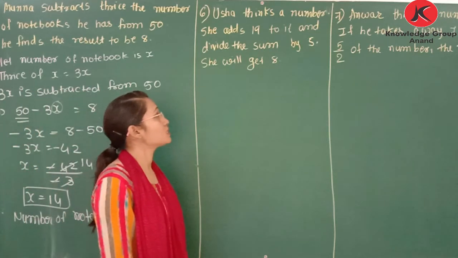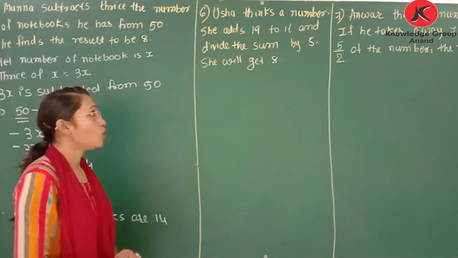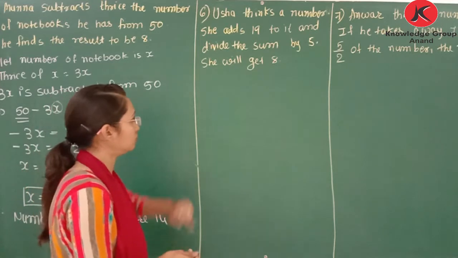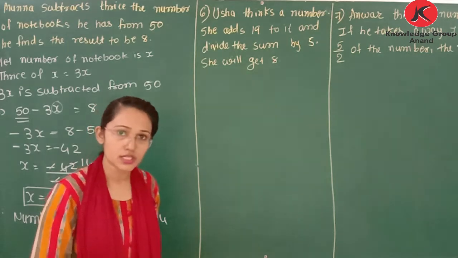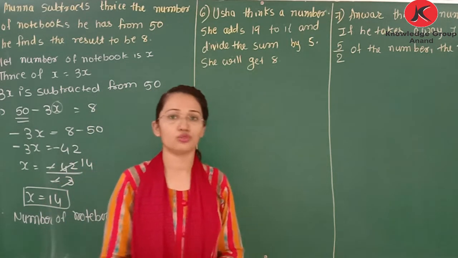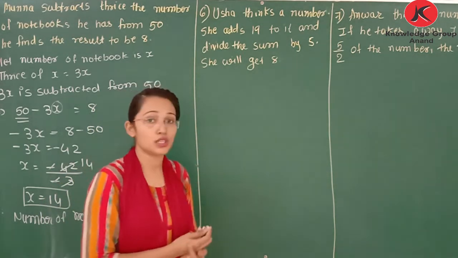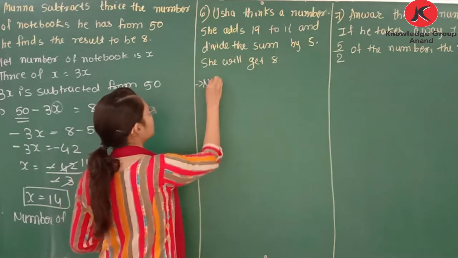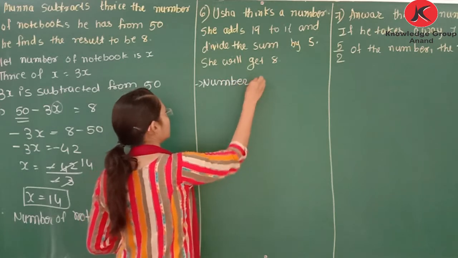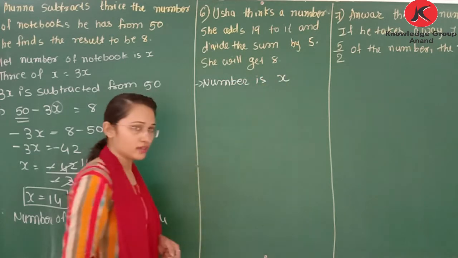Now question number 6. Usha thinks of a number and adds 19 to it. Which number she thinks of, we don't know. So let the number be x.